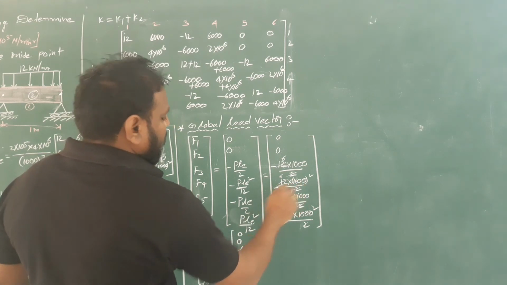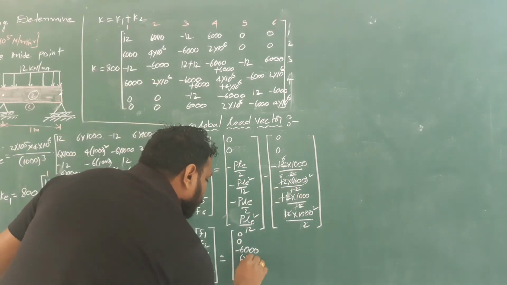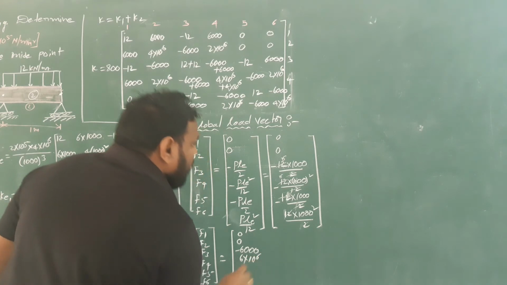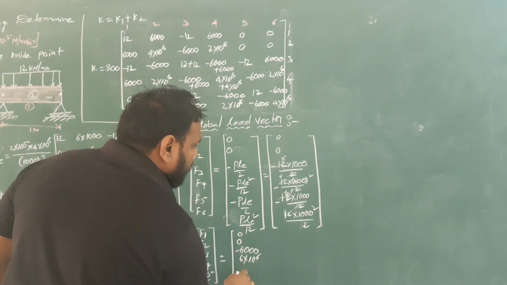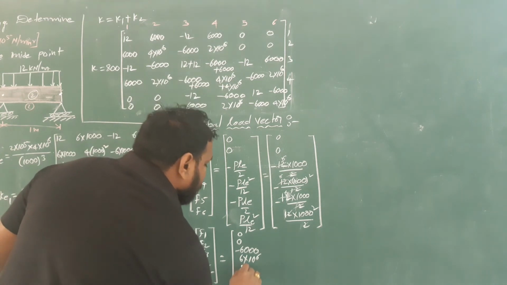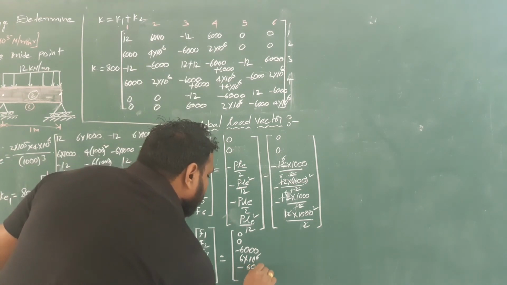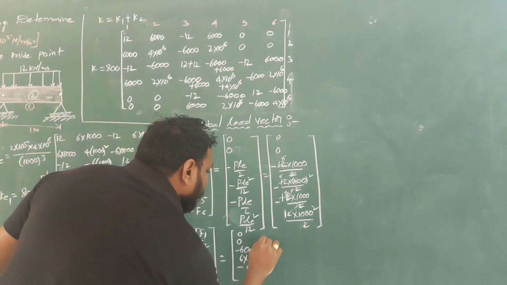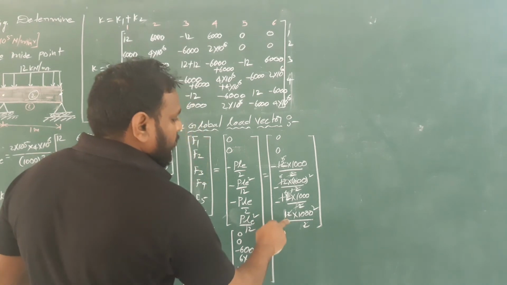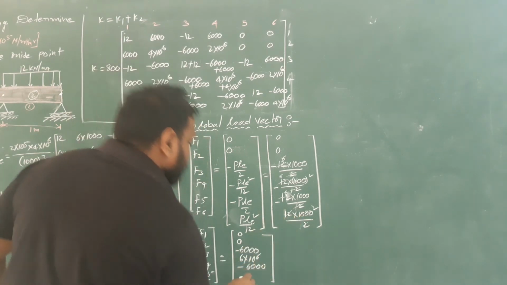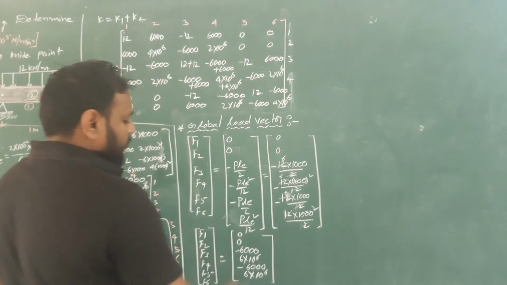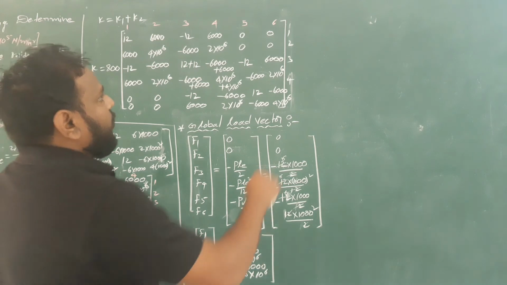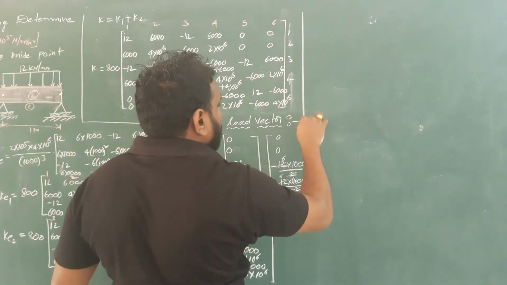That is 6 into 10 to the power of 6 here. 6 into 10 to the power of 6, and here 6 times, that is minus 6000, minus 6000, and here is 6 into 10 to the power of 6. 6 into 10 to the power of 6. Okay, this is the load vector for a given beam element.